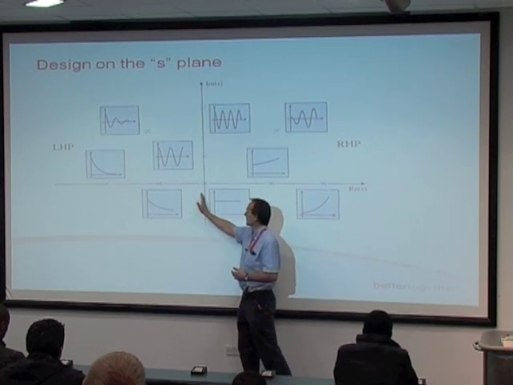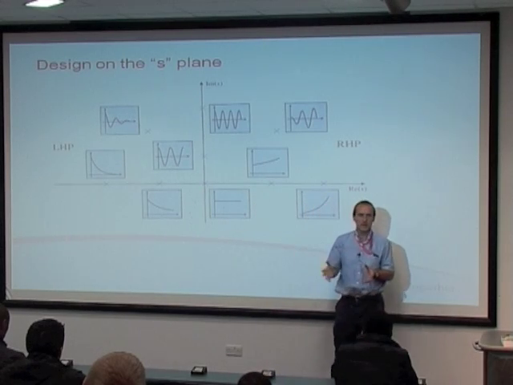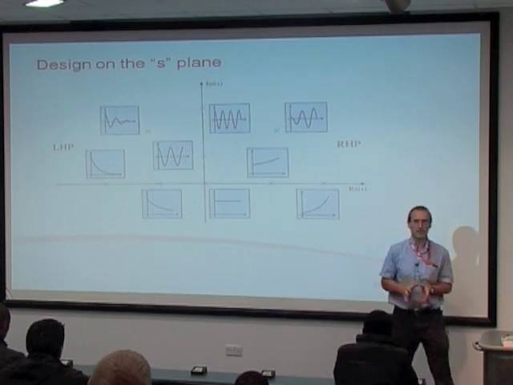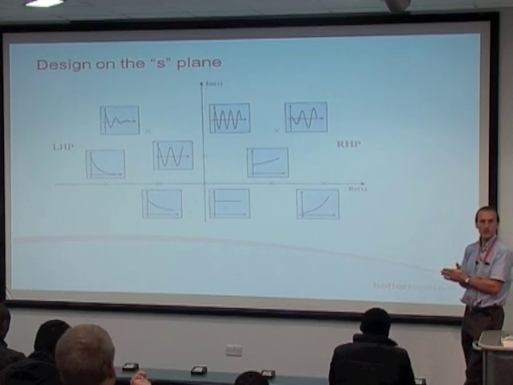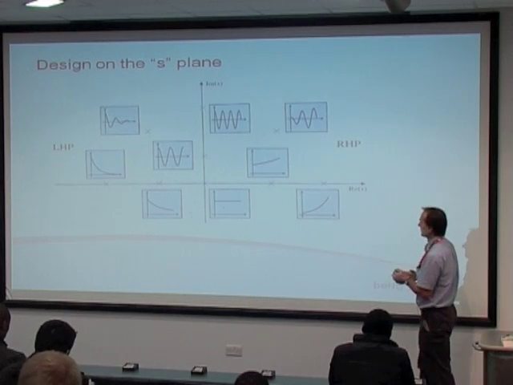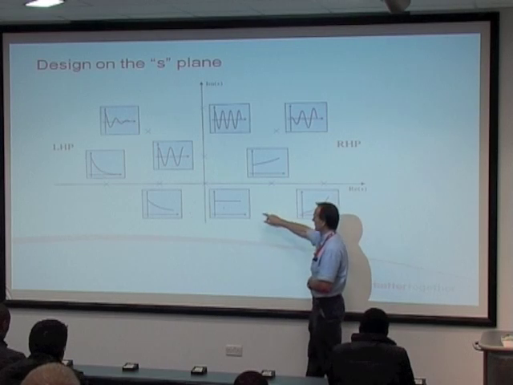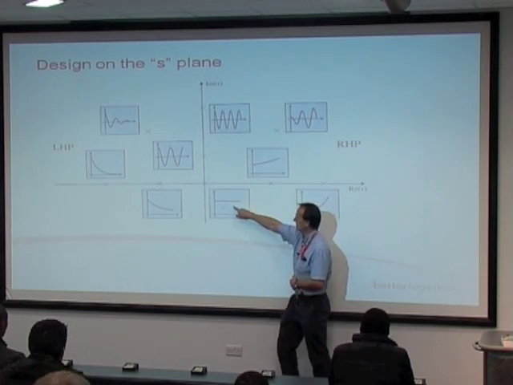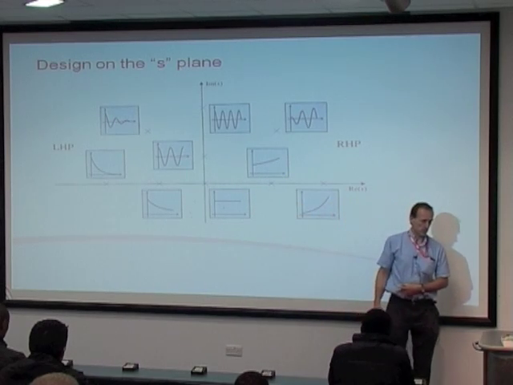Even if your pole's sitting on 0, we're going to get an oscillating perhaps, but non-decaying response. As soon as we move into the right-hand side of that S-plane, we can get positive poles, and positive poles give us varying degrees. There's my integrator, actually. That belongs with that one. Varying degrees of unstable response.